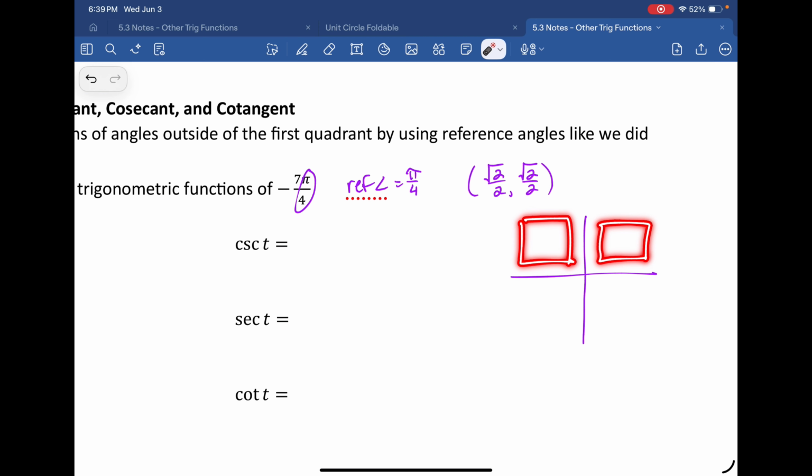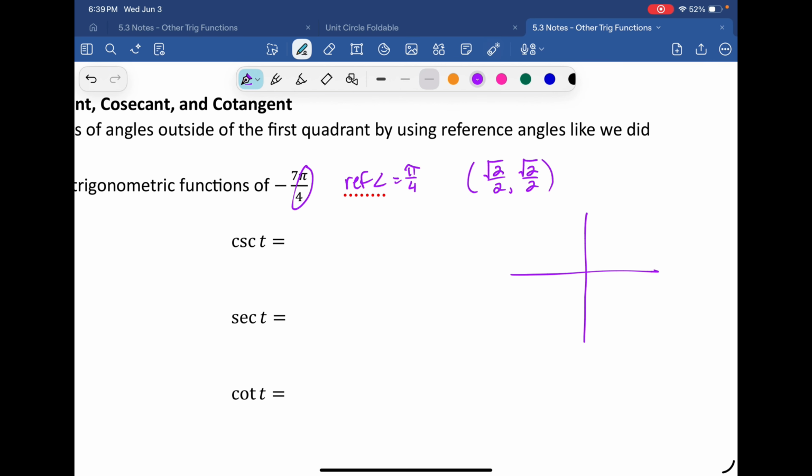Quadrant 2 would be 1 less than, so 3 pi over 4. Quadrant 3 would be 1 more, so 5 pi over 4. Quadrant 4 would be double minus 1, 7 pi over 4. But we're going the other direction. So what our normal quadrant 4 angles would be in negatives would be in quadrant 1. So negative 7 pi over 4 falls in quadrant 1.